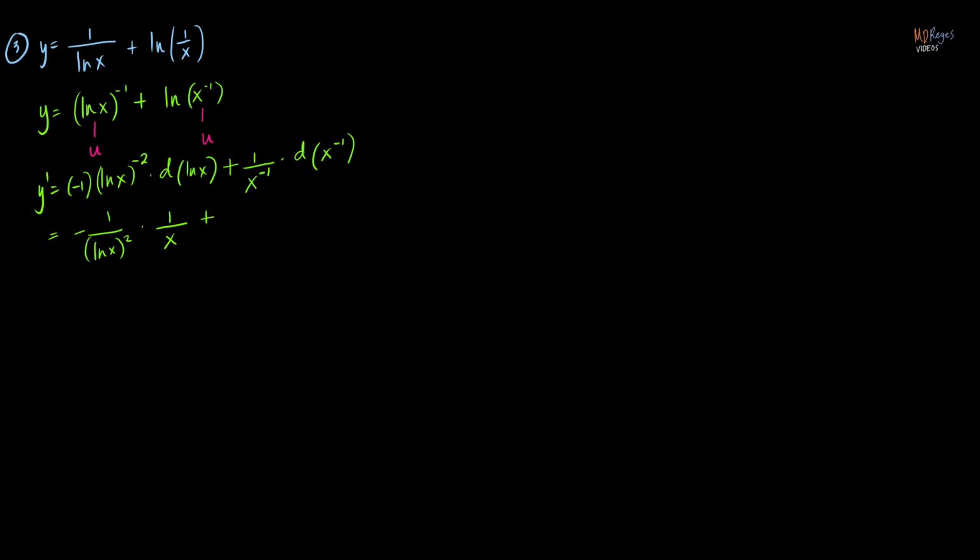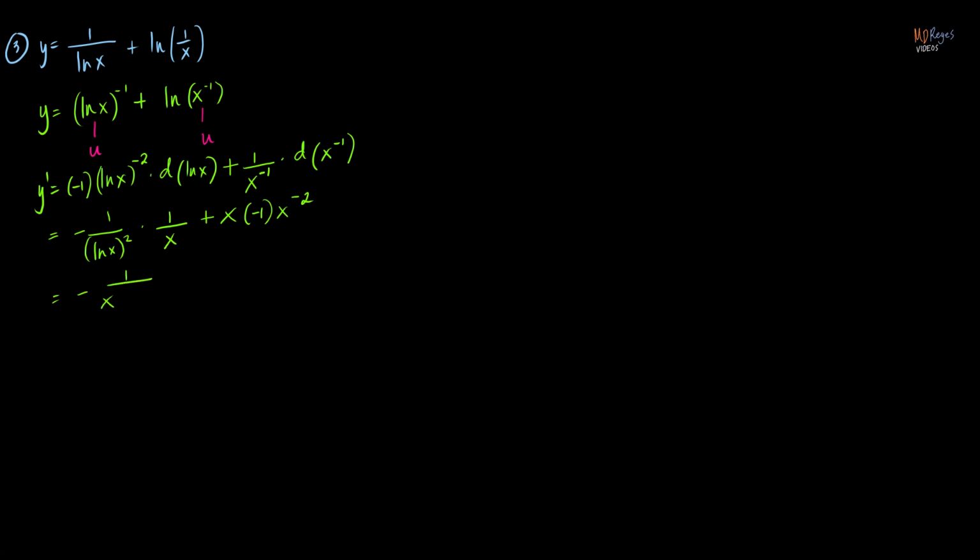Plus, to make this exponent positive, we have to write x in the numerator. So x times the derivative of x raised to negative 1. Using power rule, it's negative 1 x raised to negative 2. Okay? So it's negative 1 over x.